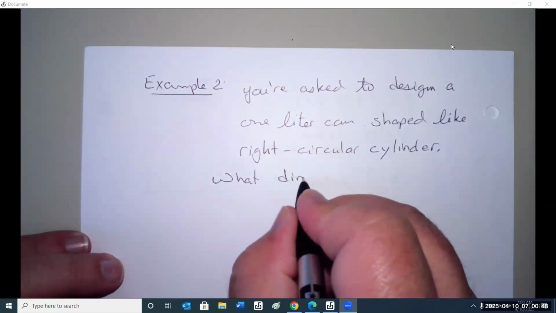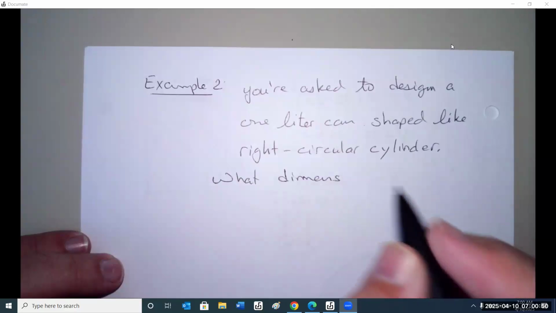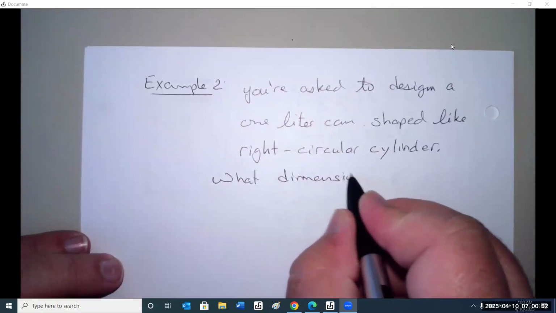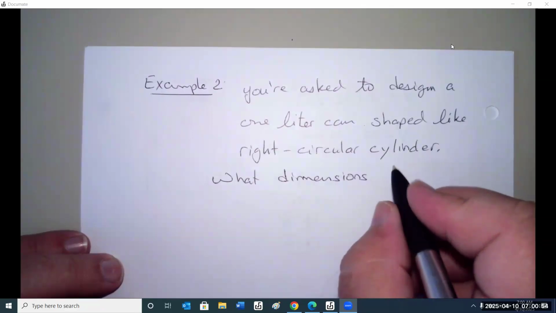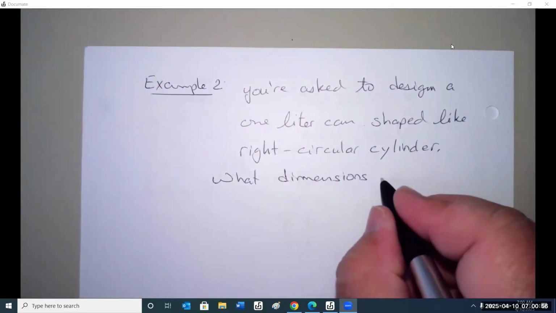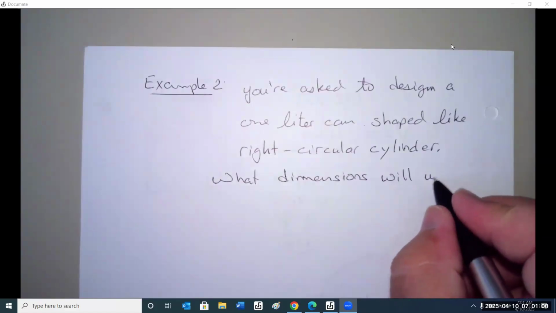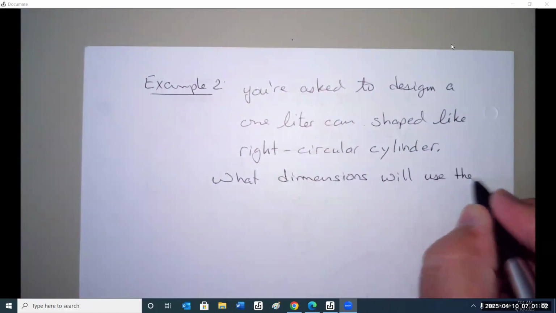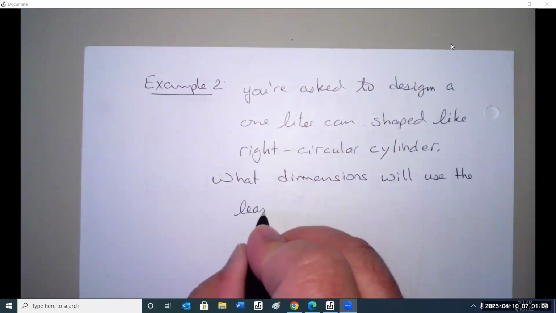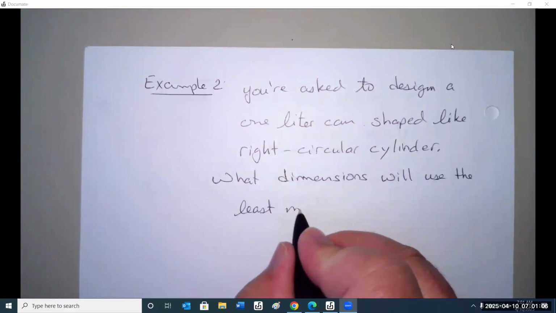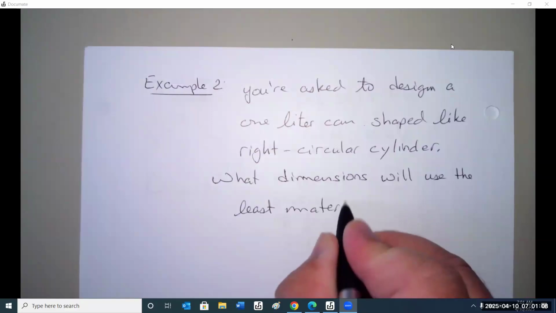What dimensions will use the least material?